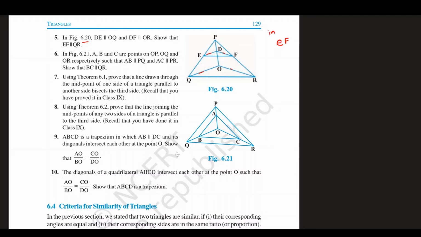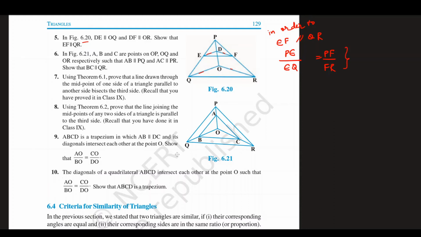In order to prove EF parallel to QR, it is sufficient to show that PE upon EQ is equal to PF upon FR. So we have learned theorem 6.1 and 6.2. From there we can conclude this thing.